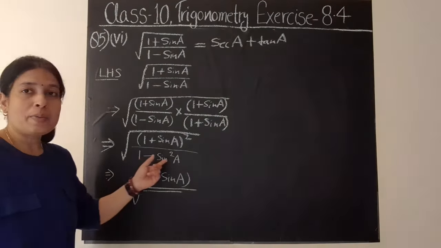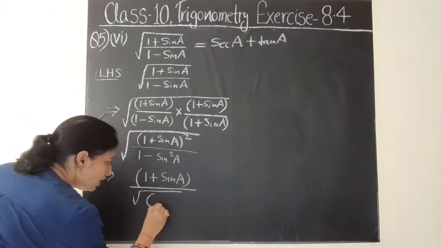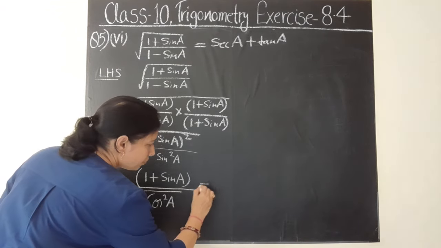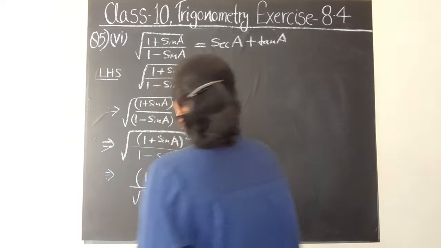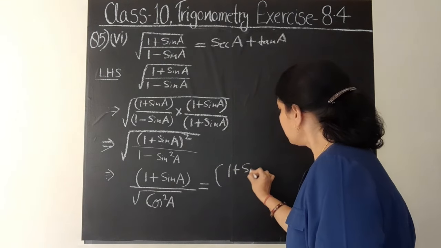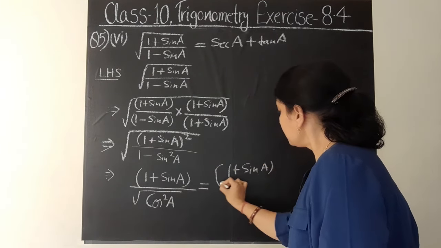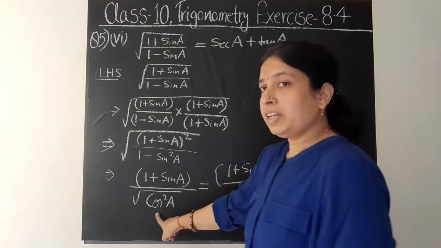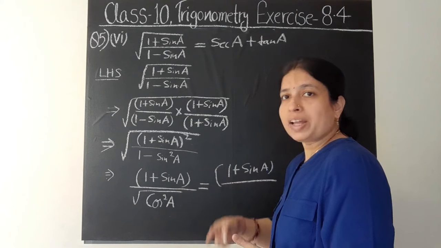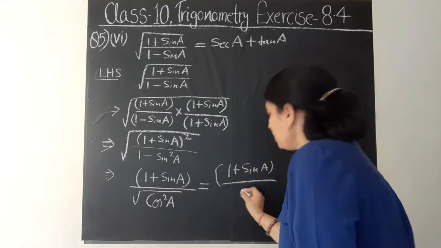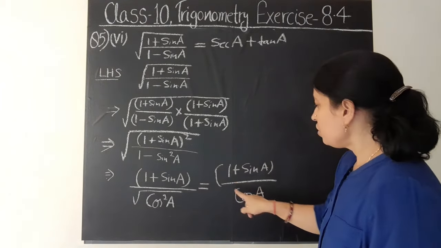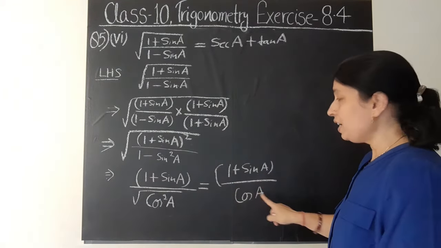So in place of 1 minus sin square A, you can write here cos square A. So right here it is 1 plus sin A, and here the square root of cos square A. When we take the square root of a square, it becomes simply cos A. So it is 1 plus sin A divided by cos A.